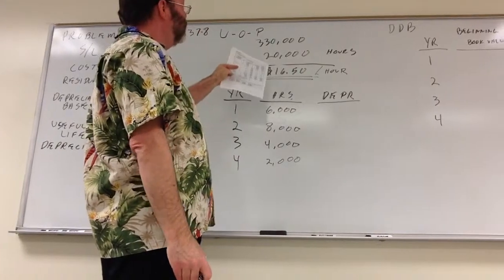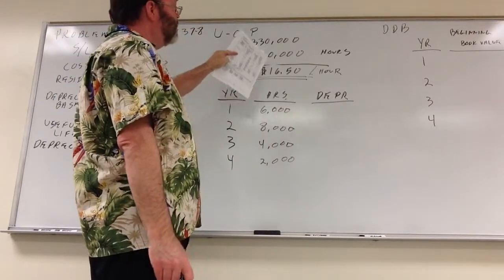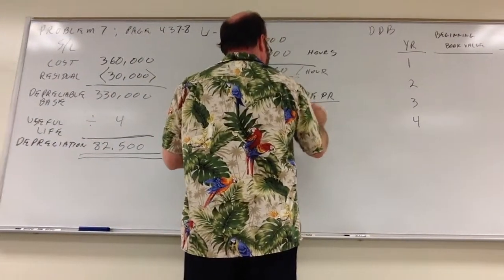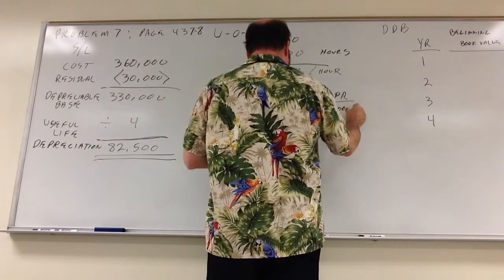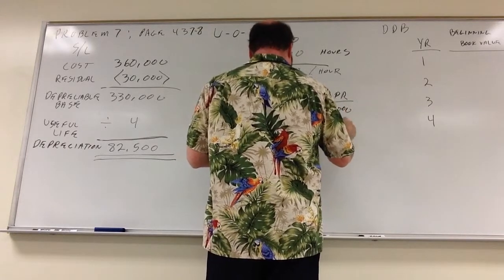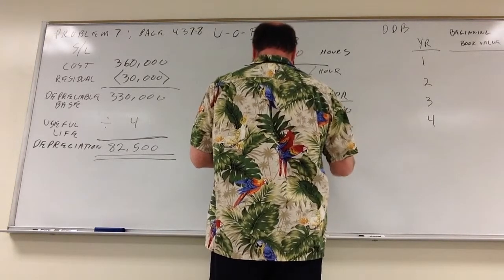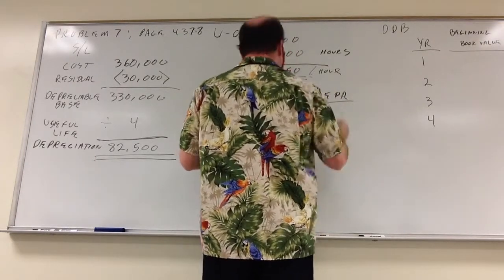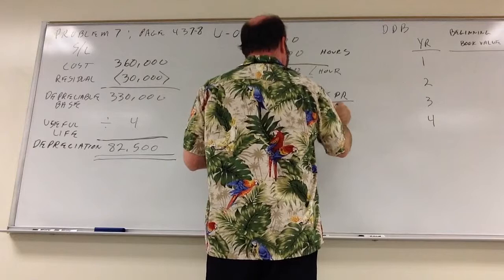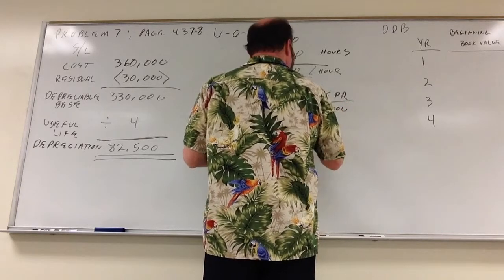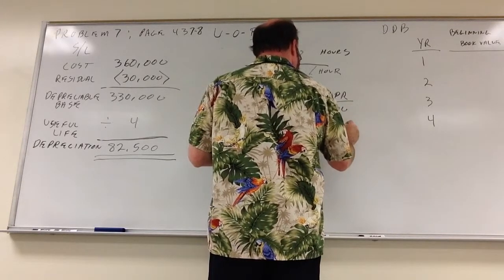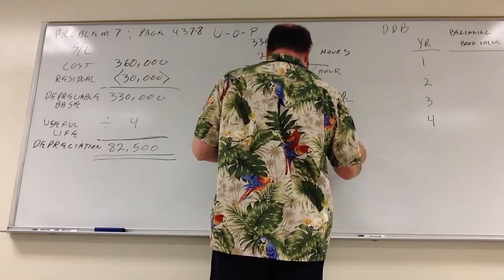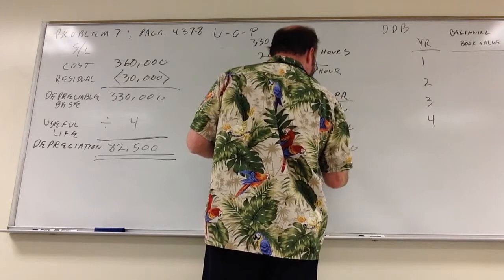Multiply the 6,000 hours that we used it by the $16.50 per hour rate, we get 99. Then 132. I skipped a line. And then 66. And lastly, 33.